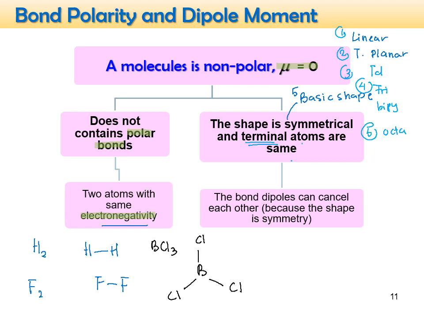Okay, so for the electronegativity, boron will be partially positive, partially negative for all the chlorine atom. Okay, so for the dipole moment, you can show it from boron towards Cl, boron towards Cl. Okay, so you can see that the shape is symmetry. Imagine the shape in 3D. So all the bond dipole will cancel each other.